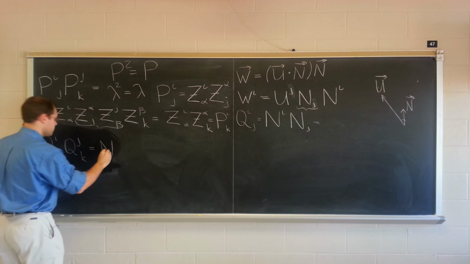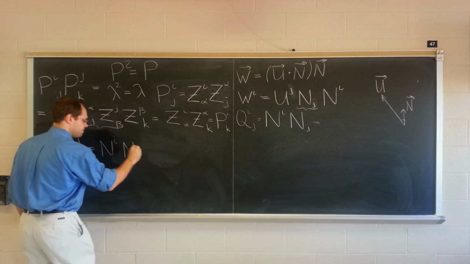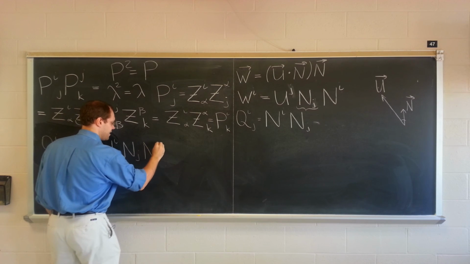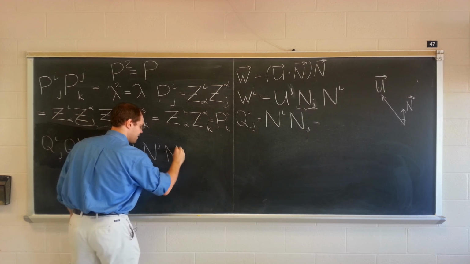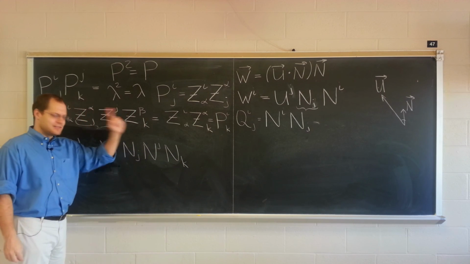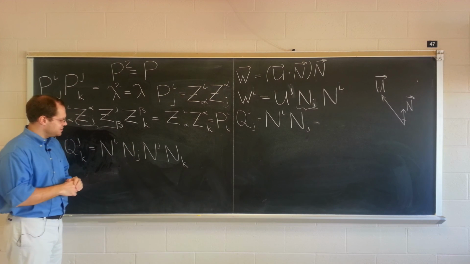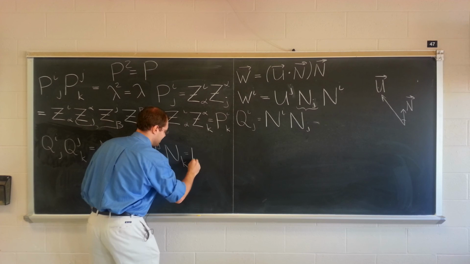Equals N_i N_j N_j N_k, because n is the unit normal. That, of course, is 1. So we're left with N_i N_k.